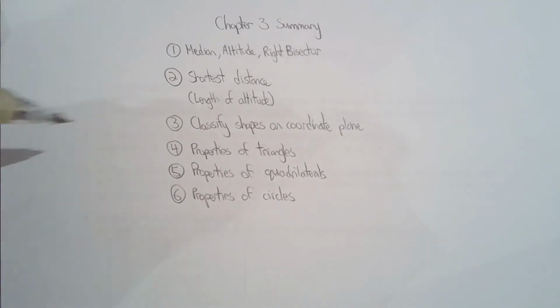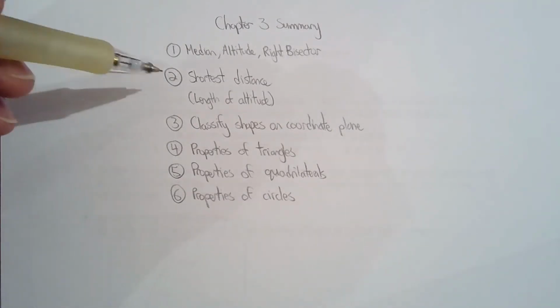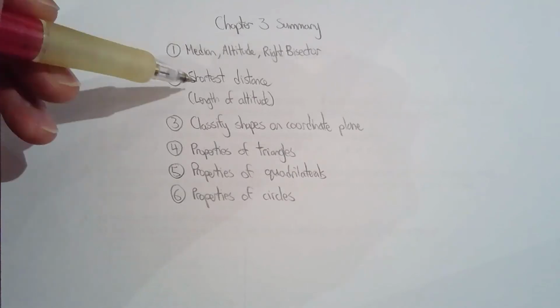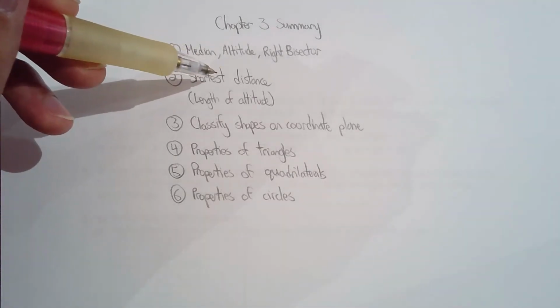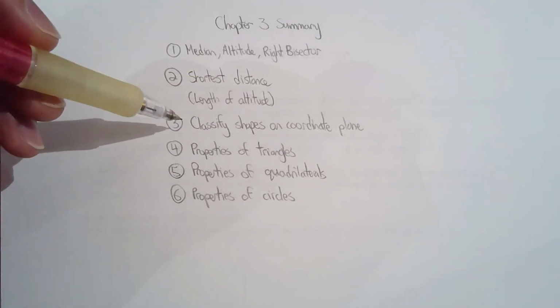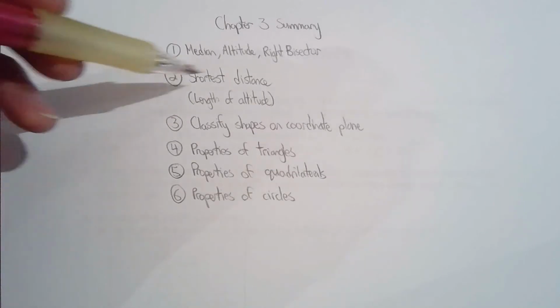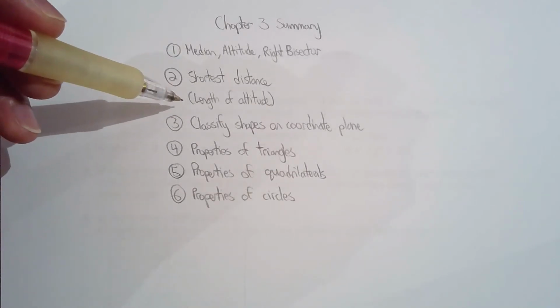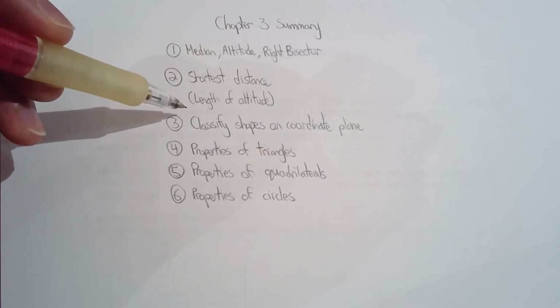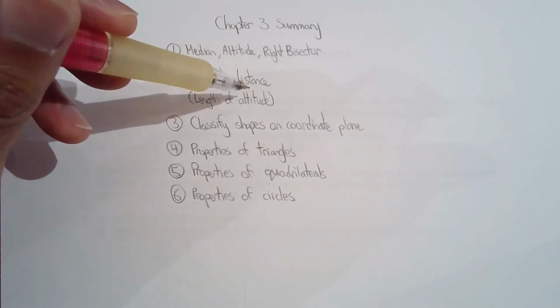the line. Shortest distance was right after, because we talked about the shortest distance from a point to a line, and we realized that really the shortest distance is an altitude. So if you find the length of the altitude, you know the shortest distance.